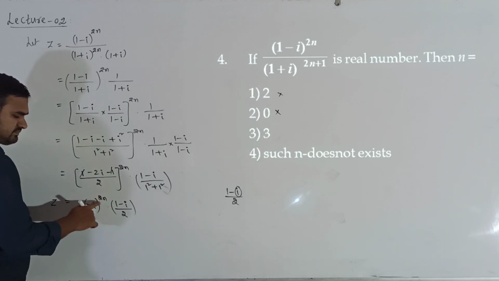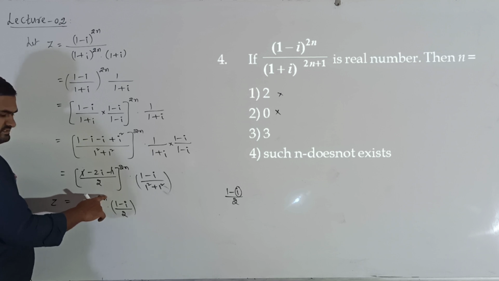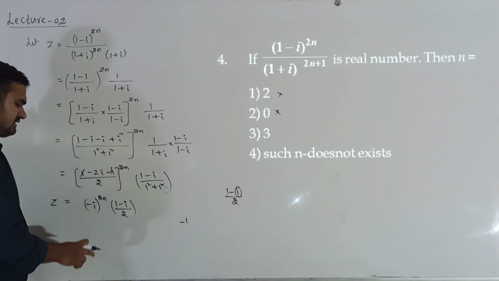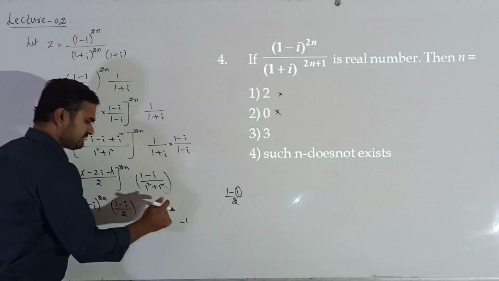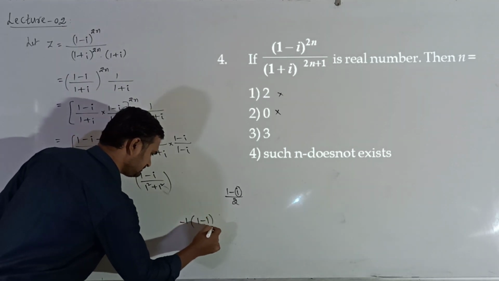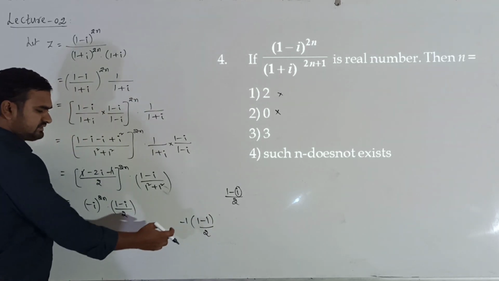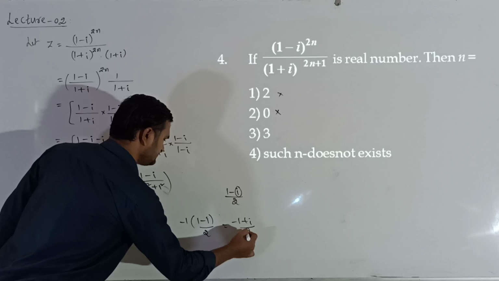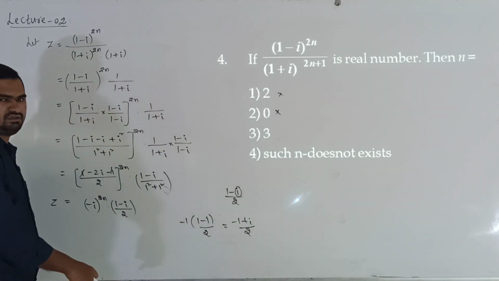Minus power 6 is plus, i power 6 is minus 1. Now minus 1 into 1 minus i by 2, so what we get? Minus 1 plus i by 2. Still, is it a real number? No, it is also not a real number.